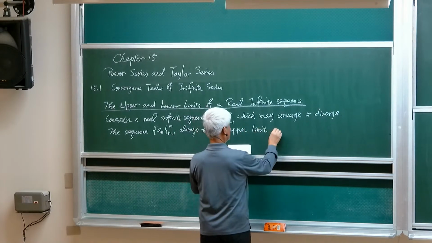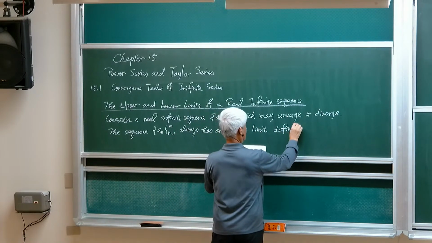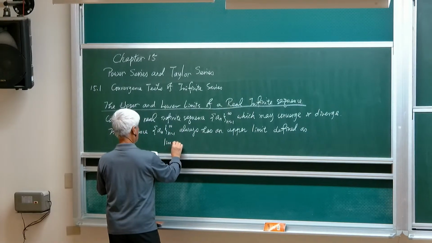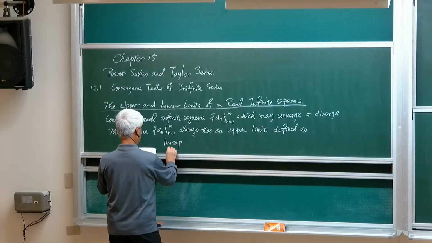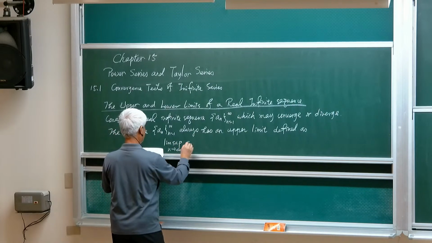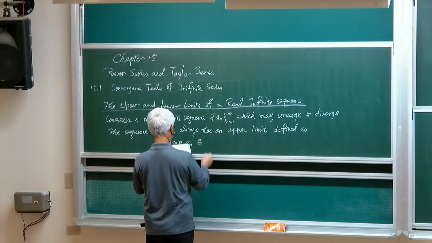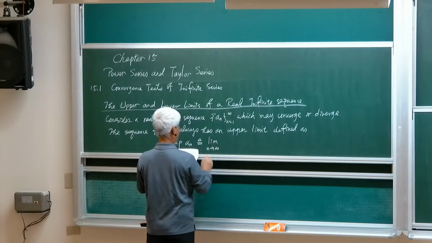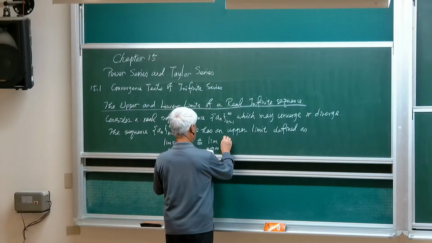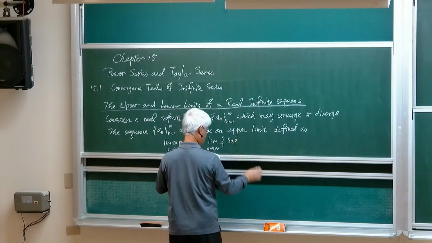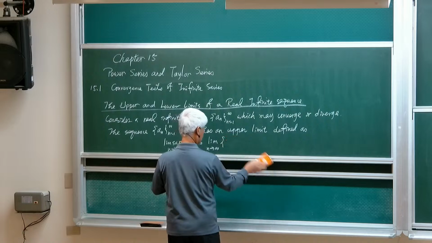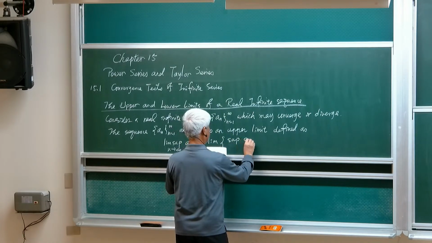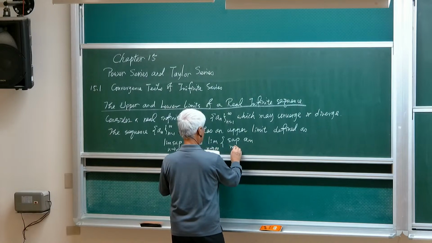And so we define, as here, called the lim sup as n goes to infinity of a_n, which is defined to be the limit as n goes to infinity of the sup of a_m for m greater than or equal to n.